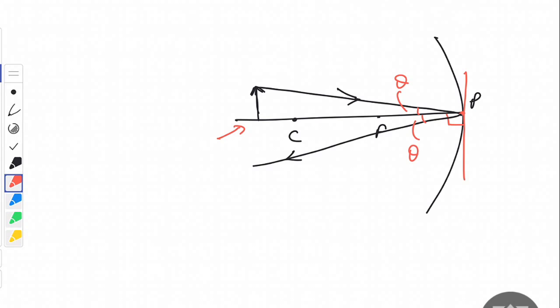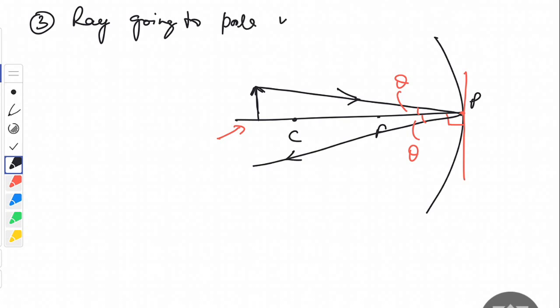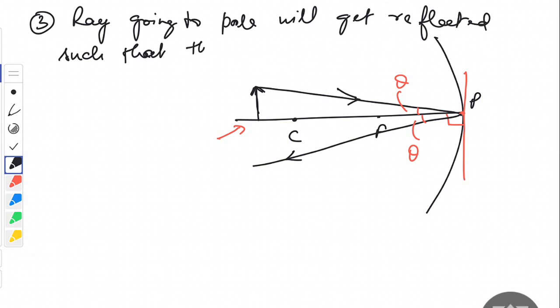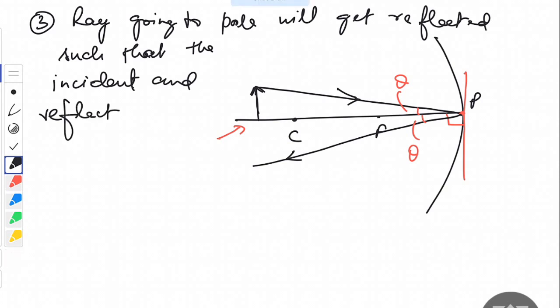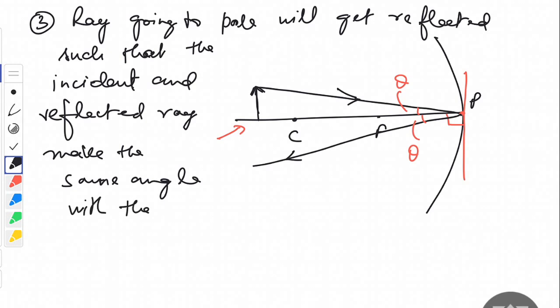Here we will write, this is the third case. Third case: ray going to pole will get reflected such that the incident and reflected ray make the same angle with the principal axis.